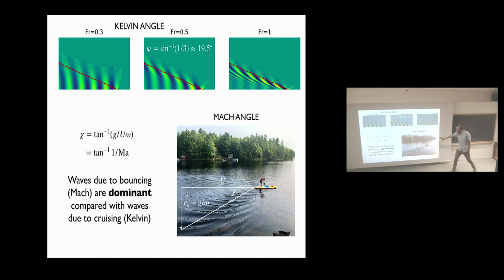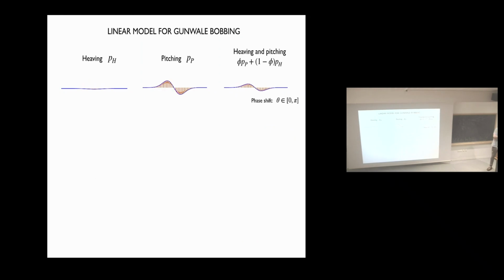These waves are really what we're seeing in this picture. It's not Kelvin waves, but these are waves sent out by a moving source, basically. So we tried to write down a simple model for describing this motion. Essentially, you're forcing the water surface, and it's some combination of heaving and pitching.